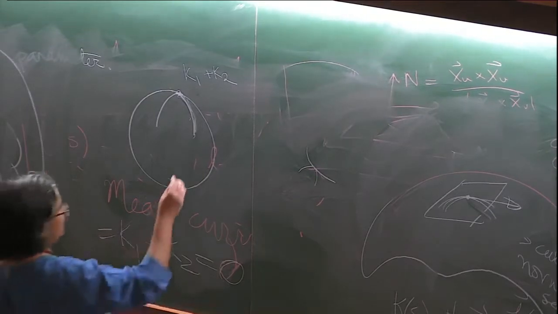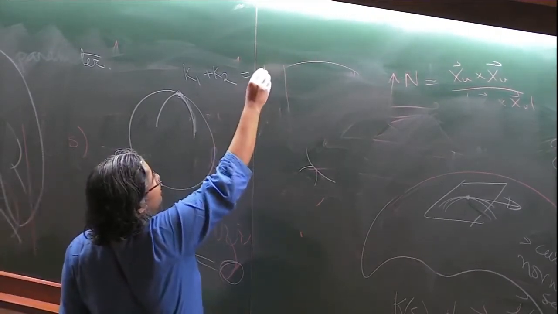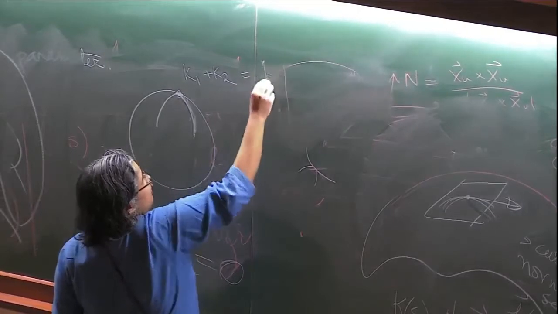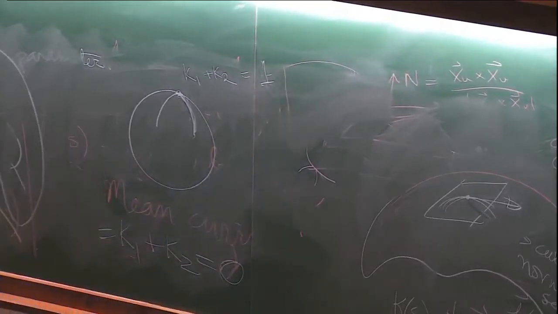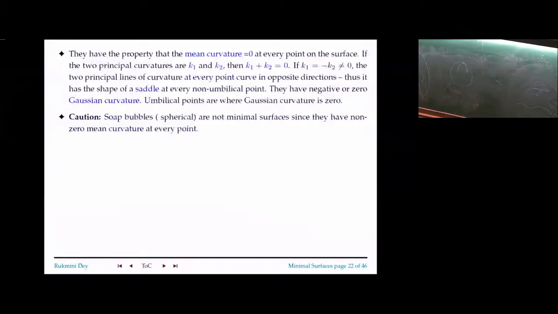And in fact, I think they take it to be equal to 1 for the sphere of radius 1. Okay? So soap bubbles are not minimal surfaces though. They are what are known as constant mean curvature surfaces. There's a big theory behind those also.